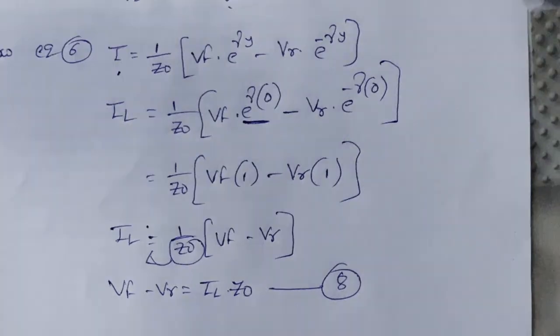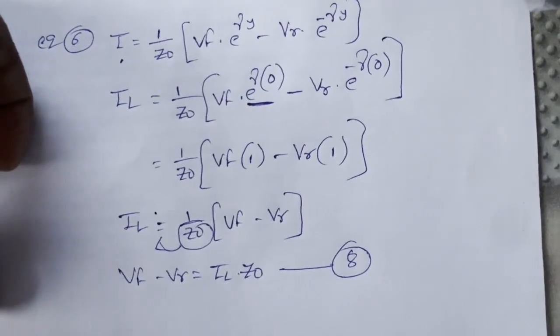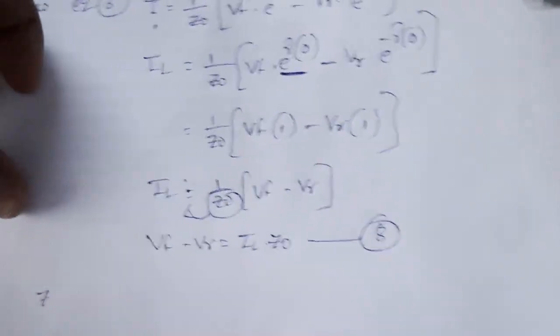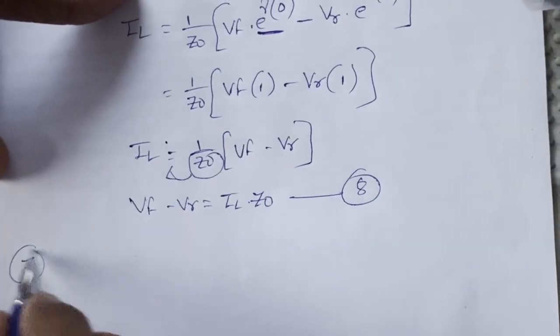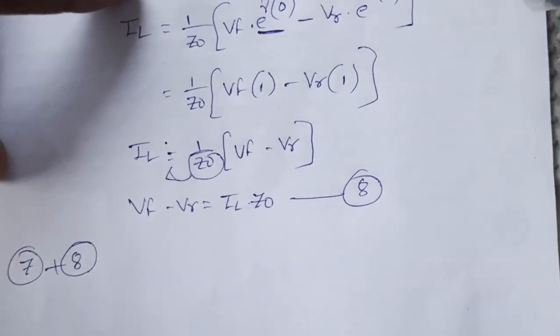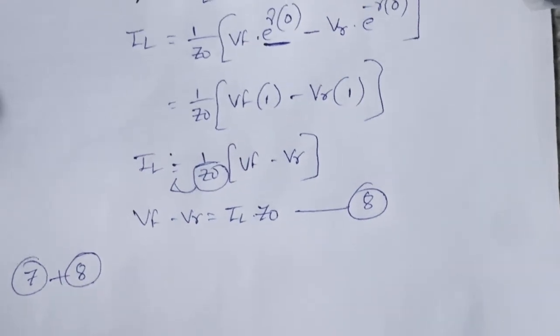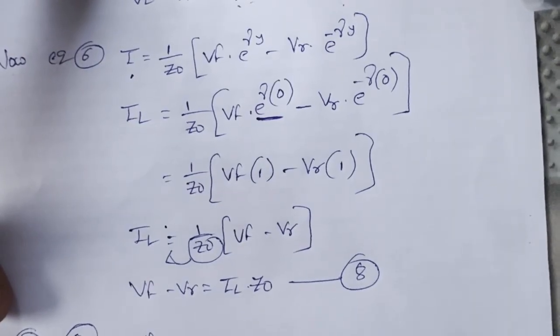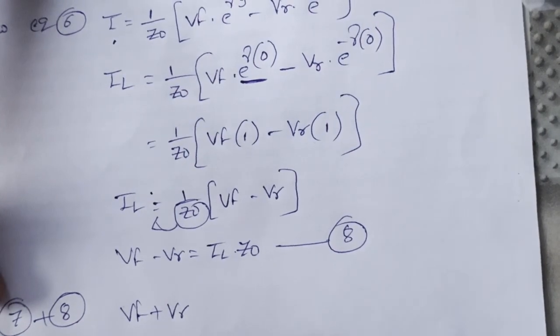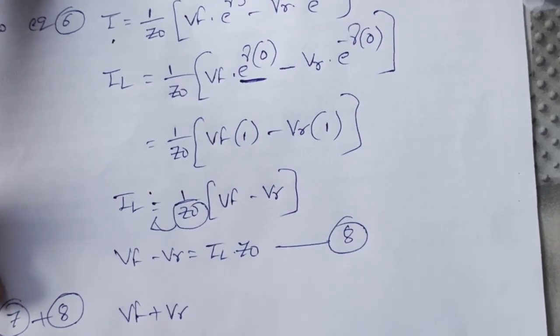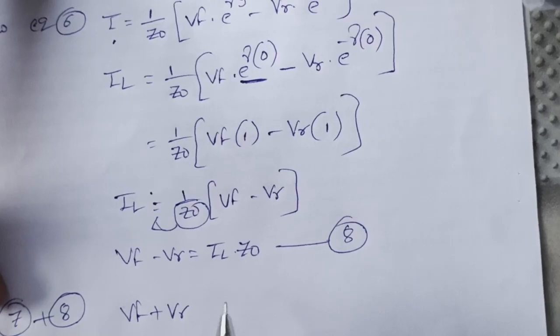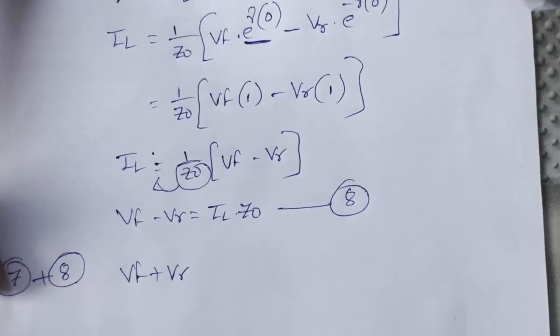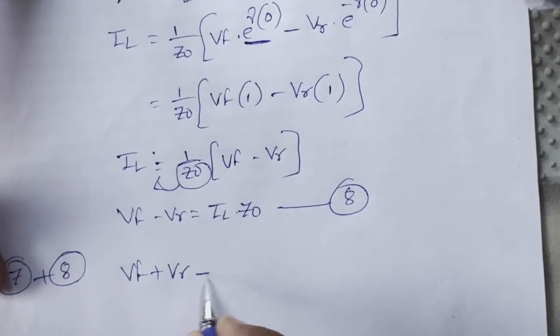It is equation number 7 and equation number 8. From these two equations, now I'm adding equation 7 plus 8. Equation 7 is Vf plus Vr, and equation 8 is Vf minus Vr.